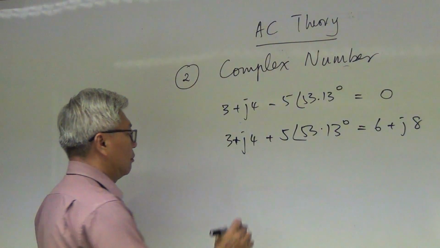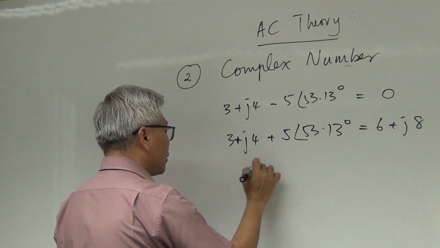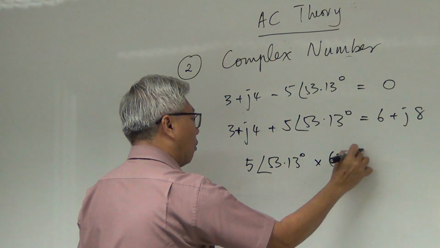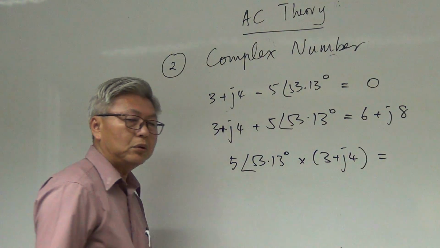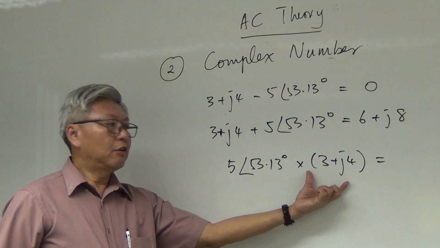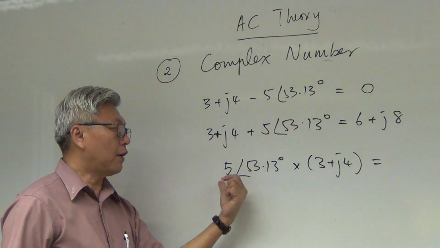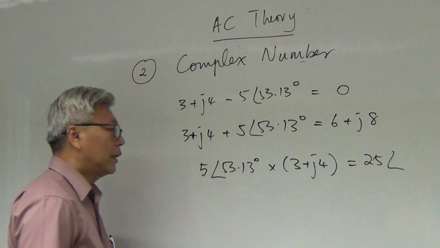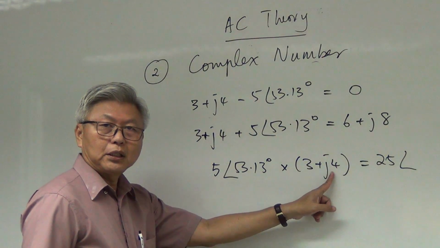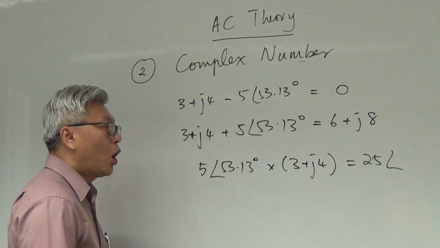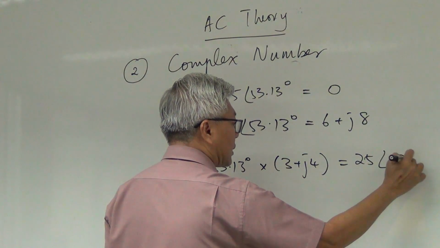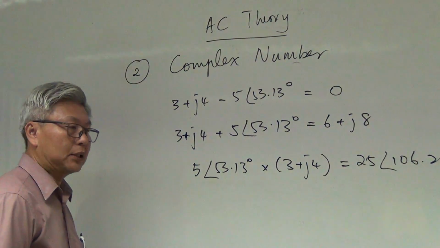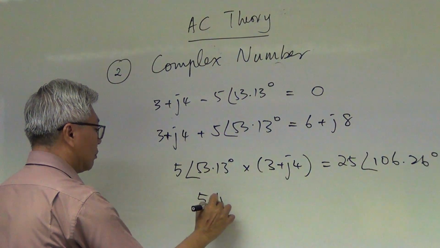Right? Division. Or multiplication rather. 5∠53.13° multiplied by 3 + j4. What must you do? Convert this into 5∠53.13°. So 5 times 5, 25. Angle 53.13 and 53.13 is 106.26 degrees. Right? So that's multiplication. How about division?